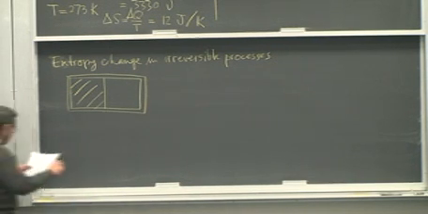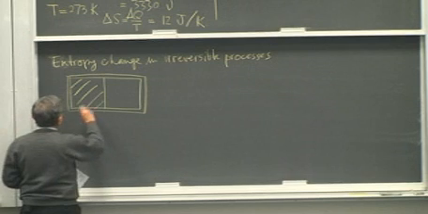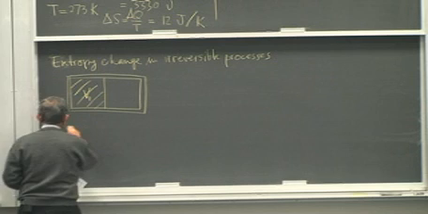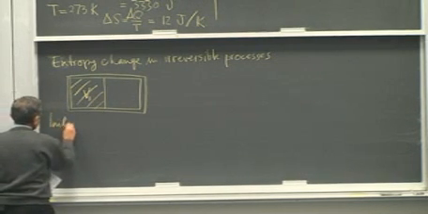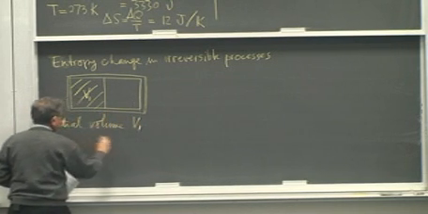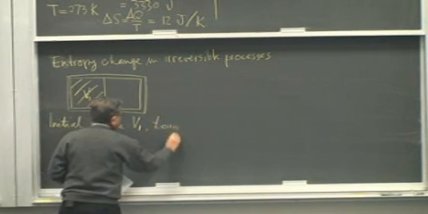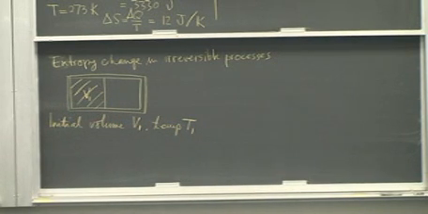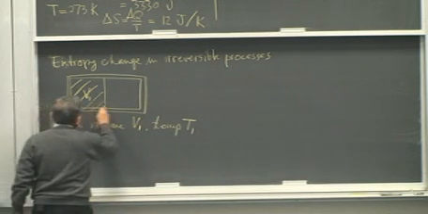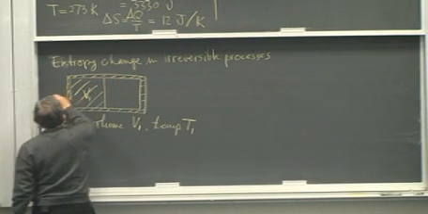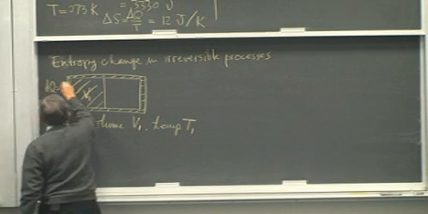Okay, so there is this volume, we will call this initial volume V1, temperature T1, all right. The box is completely insulated. So in this particular process, dq will be equal to 0.